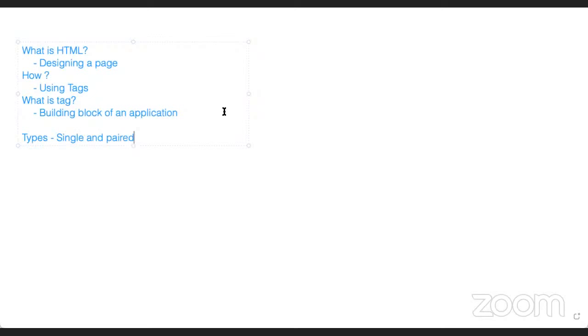Now, the whole of HTML relies on three concepts. One is tags, which are also divided into two types, single tag and paired tags. Then we have elements. And at last, we are going to talk about attributes.